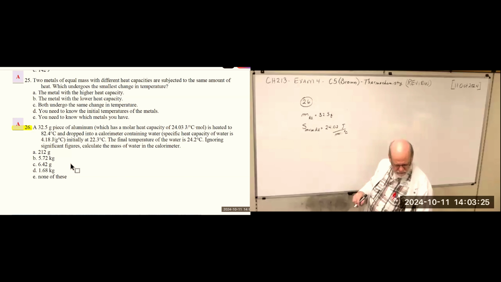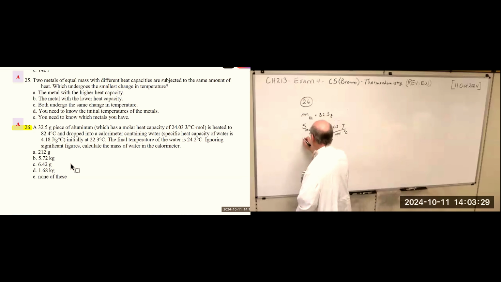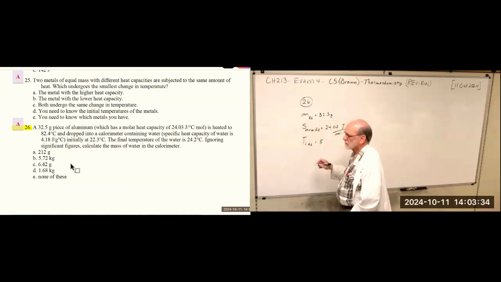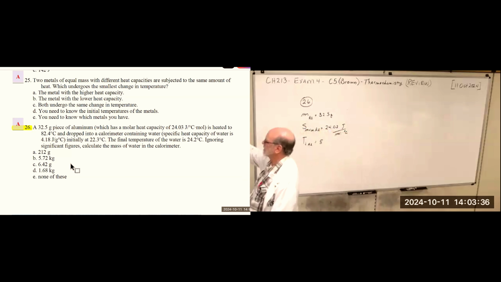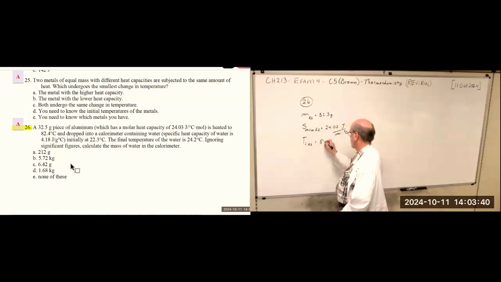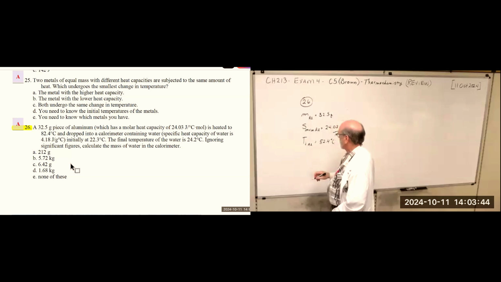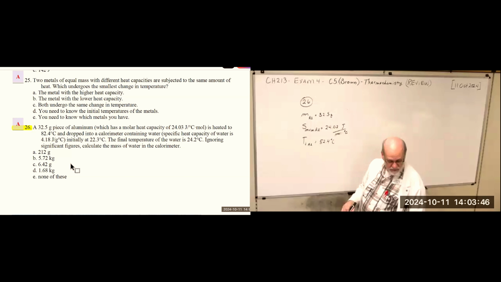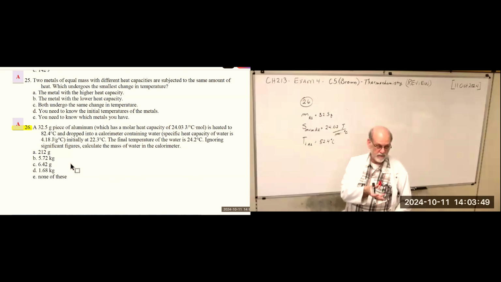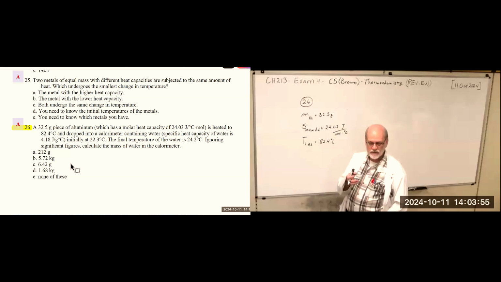What else are we given? The initial temperature of the aluminum is 82.4. Then we have water, and notice we're ignoring the calorimeter. In the real world, you can't do that, but we're saying the calorimeter contributes nothing.